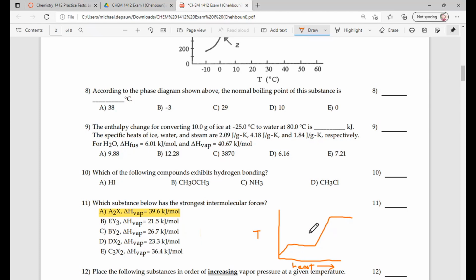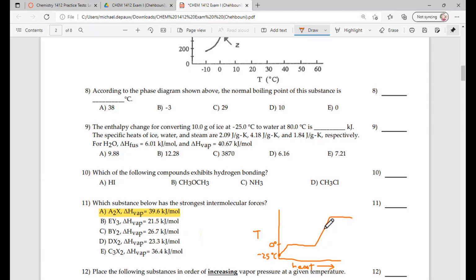Now in this case, it wants to go from negative 25 degrees Celsius. So let's say this is negative 25 where we're starting. And we're going to go up to 80 degrees Celsius water. Well, once we get to 0 degrees Celsius, what happens? Yeah, it melts.